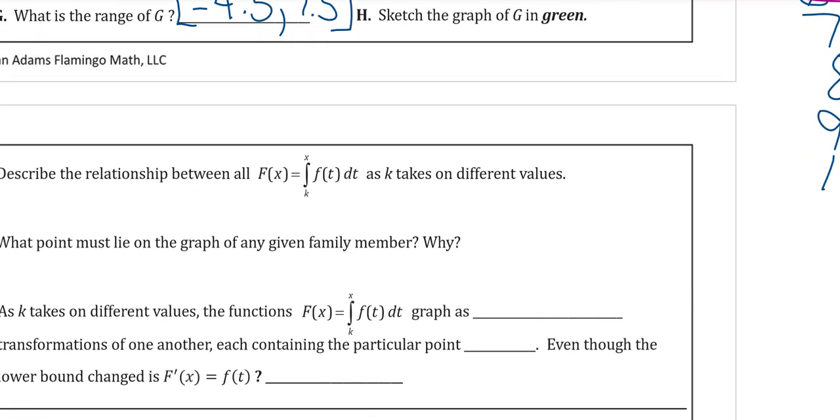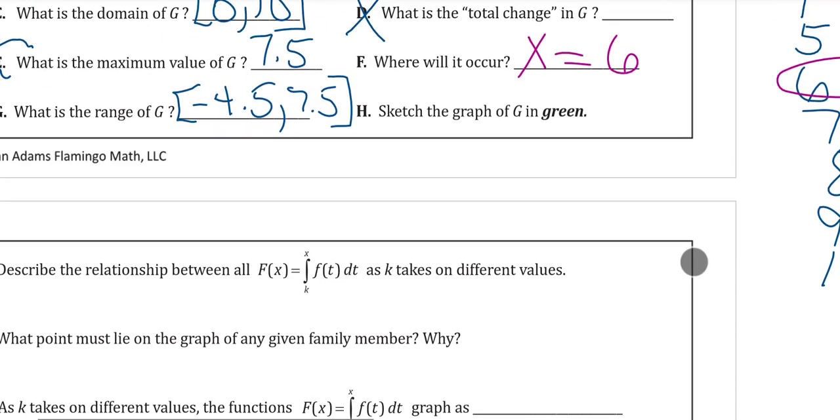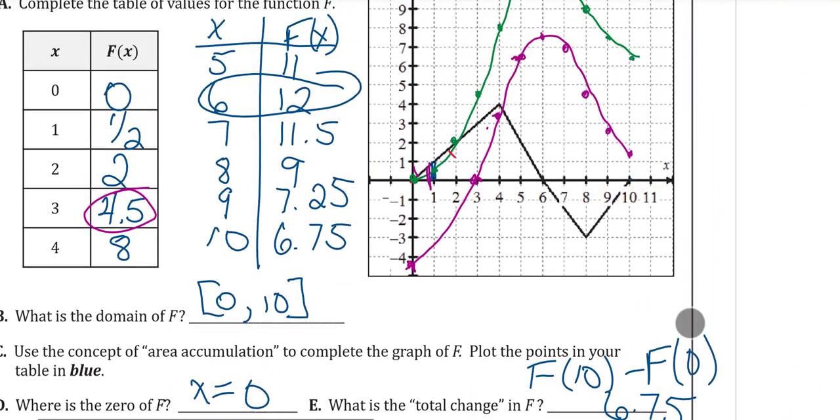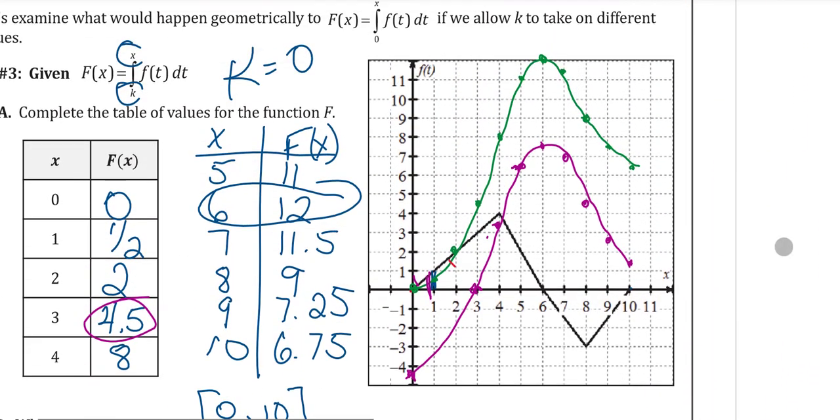Describe the relationship between all F of x, the definite integral from k to x of f of t dt, as k takes on different values. So what do you notice about the relationship between the green graph and the reddish graph? And what I hope you notice is they have the same shape, that we actually have a vertical shift here, and it's a change of 4.5 units down.